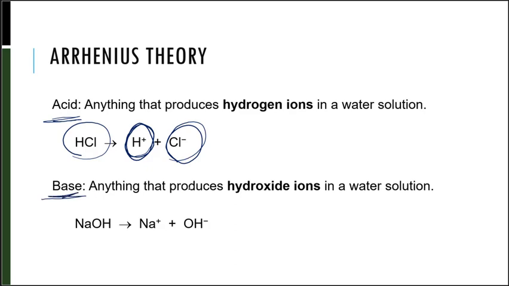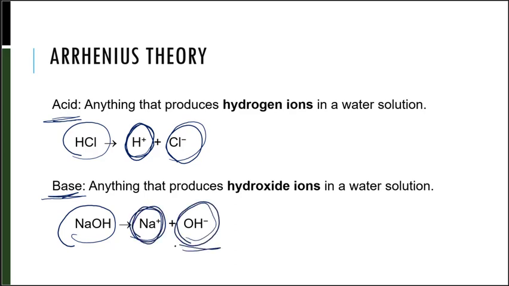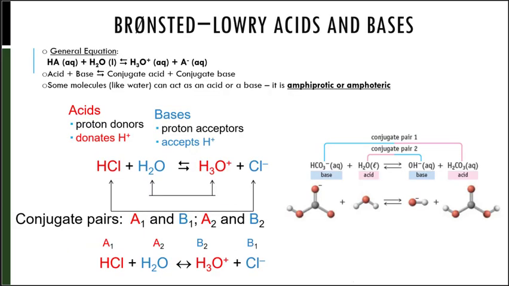An Arrhenius base, for example, sodium hydroxide, when mixed with water, will dissociate into our Na+ ions and our OH- ions. So this is our base because it produces hydroxide ions, and this is our acid because it produces hydrogen ions. We are going to really dig in and look at Brønsted-Lowry acids and bases though.